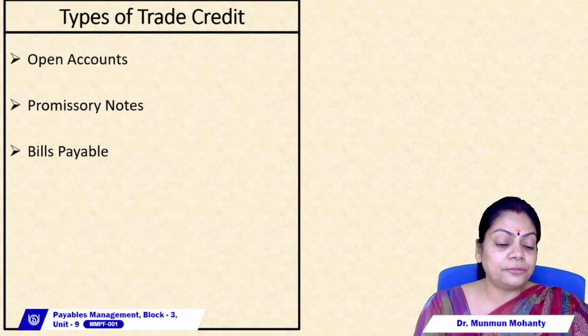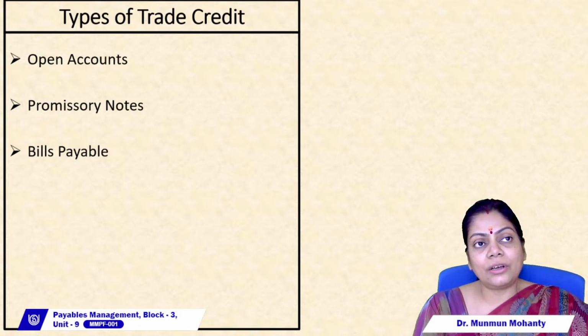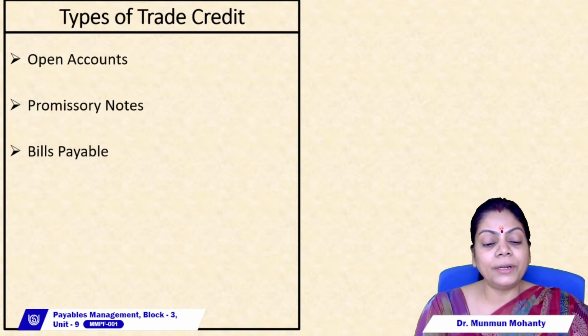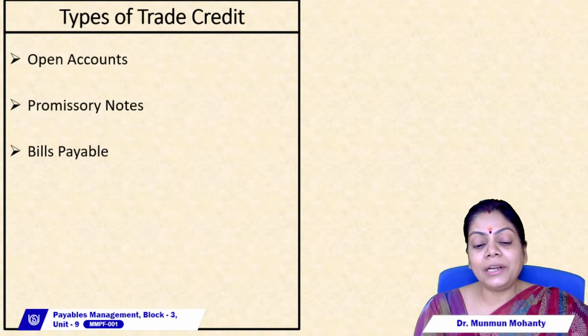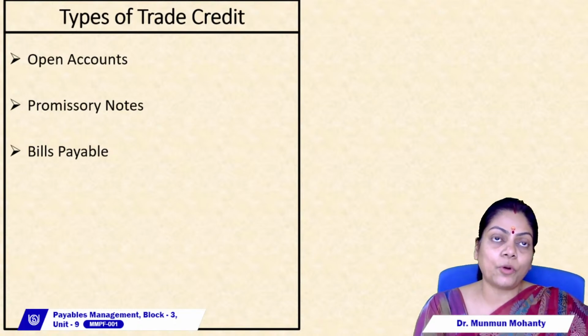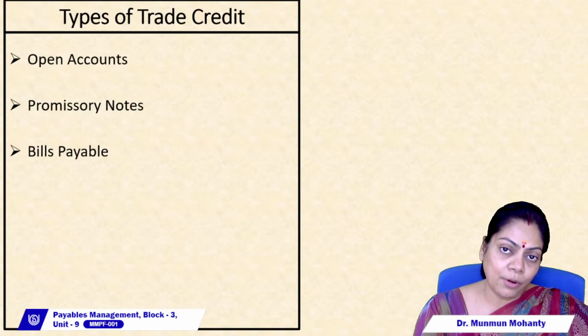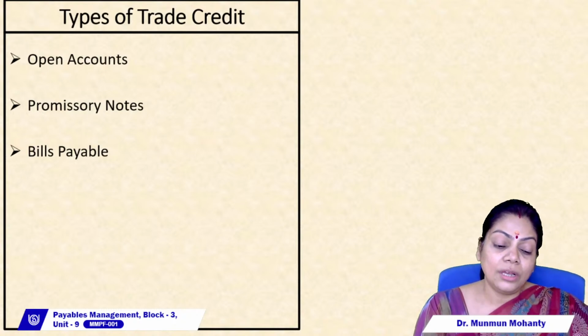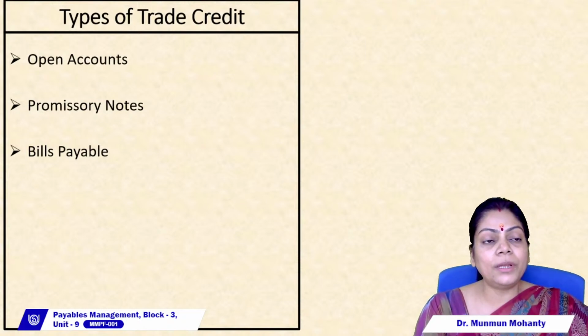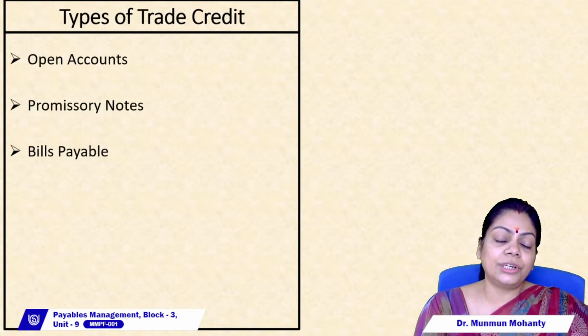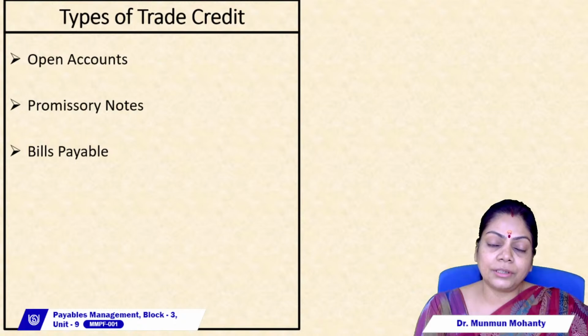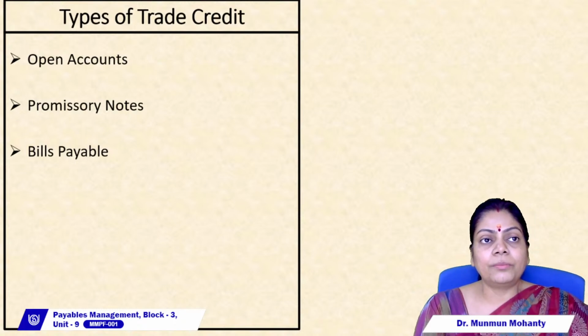The second kind of trade credit could be the promissory note. Here you create a formal document. It has to be signed by the buyer, promising to pay the amount to the seller on a particular date. Why does this kind of scenario happen? Probably in the past, the client failed to honor his payable terms.